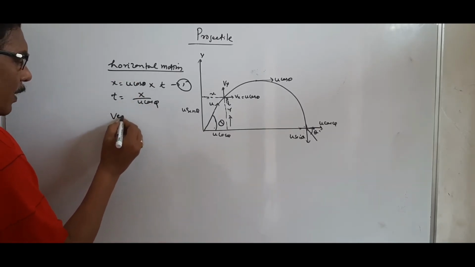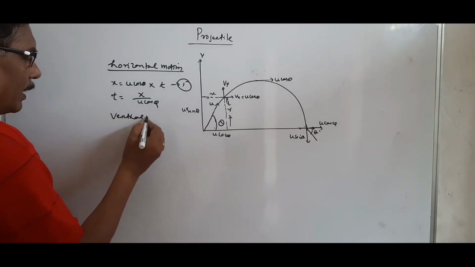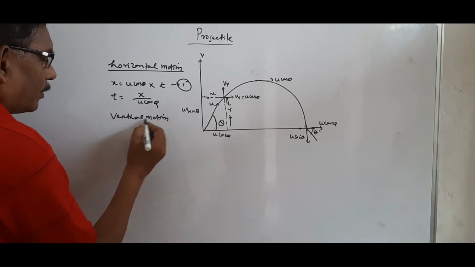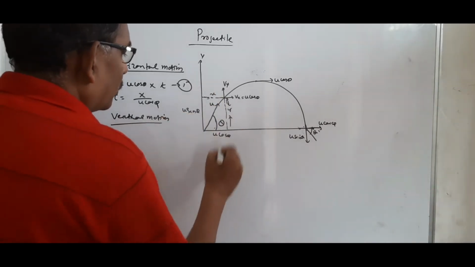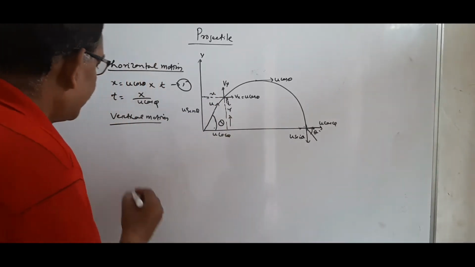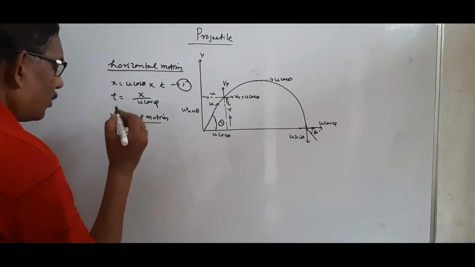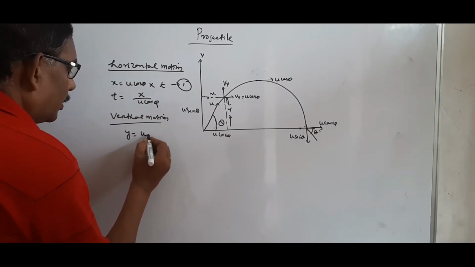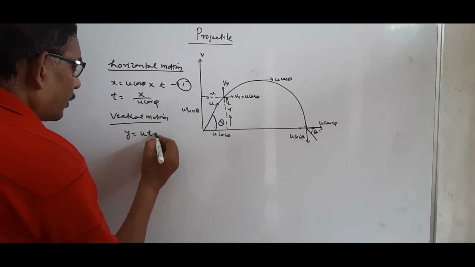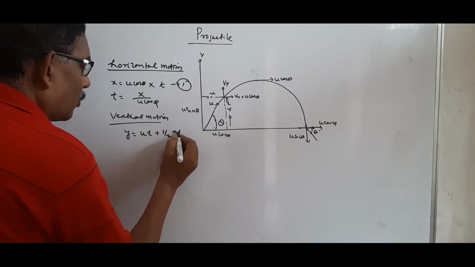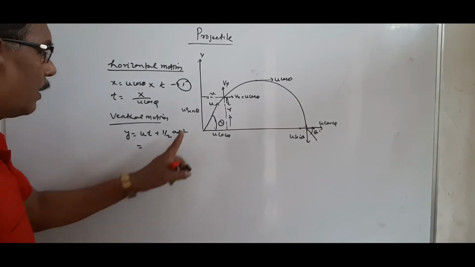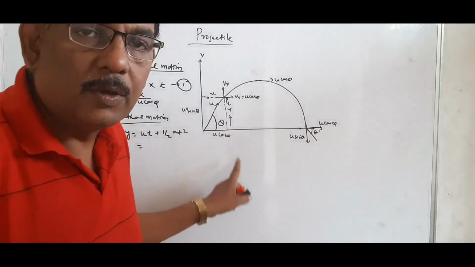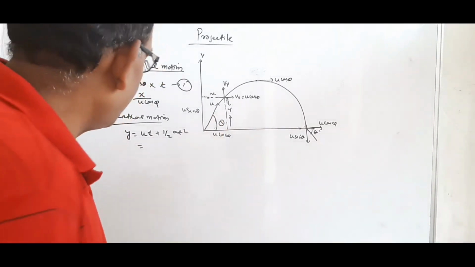Now the vertical motion. The particle is here at the point P. The vertical height is y. So y is equal to ut plus half at square. Put in place of u the vertical component of the velocity, u sin theta, not u cos theta.